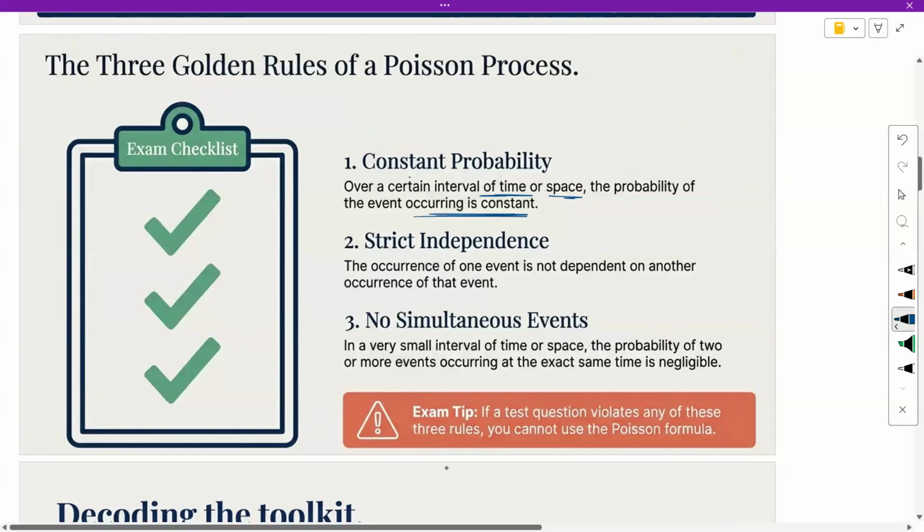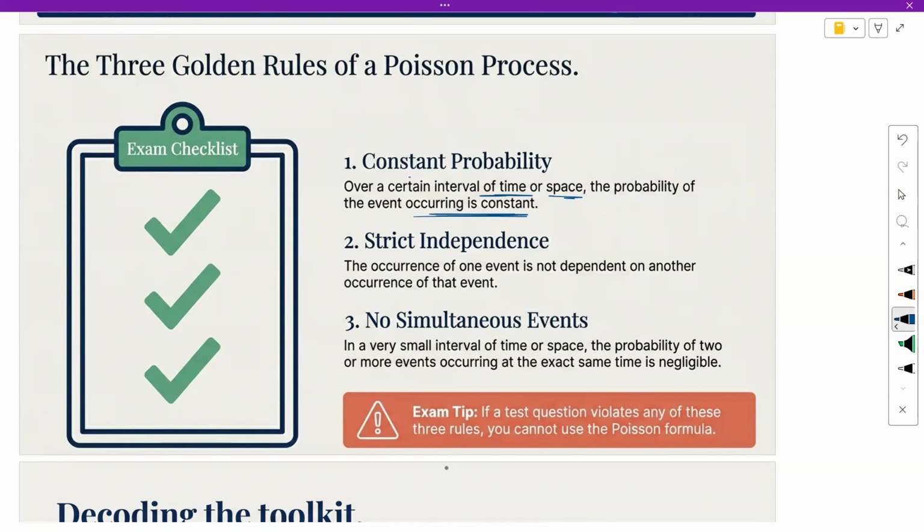For example, if you receive 20 WhatsApp messages every day, this means normally you may get 20 messages, right? And defective items: a machine produces 100 items, 20 items may be defective. So this is constant, almost constant.